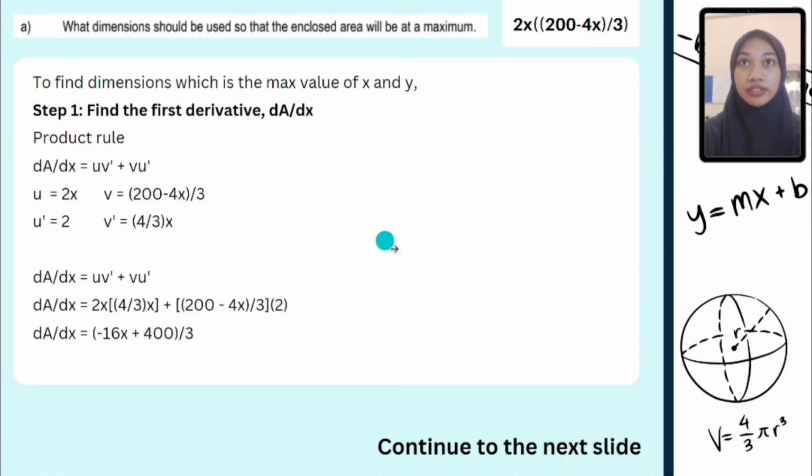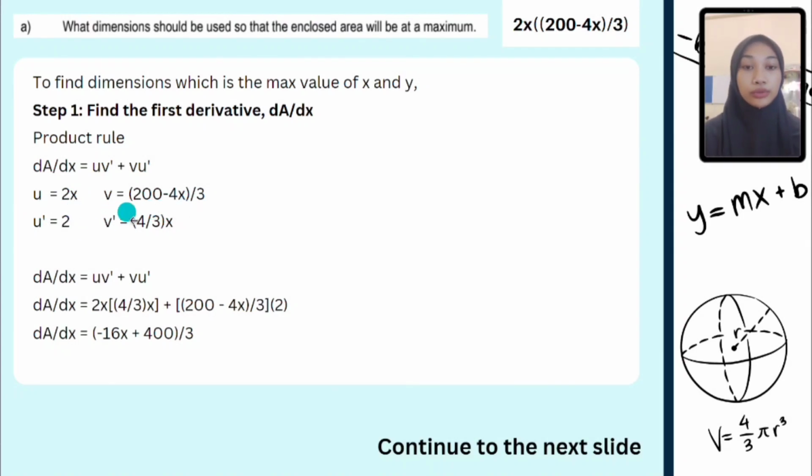So, to find the dimensions, which are the maximum values of x and y, the first step is to find the first derivative dA/dx using the product rule. dA/dx equals uv' plus vu'. u equals 2x and u' equals 2.